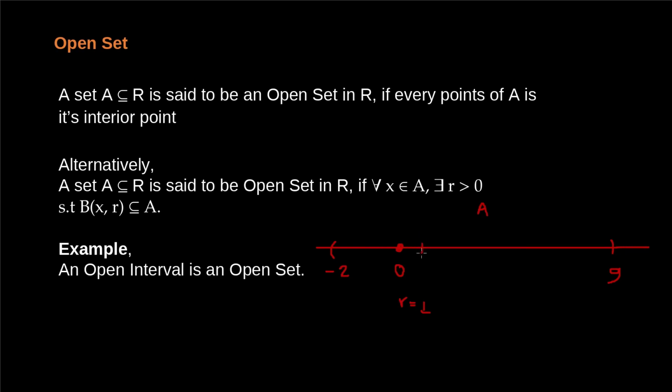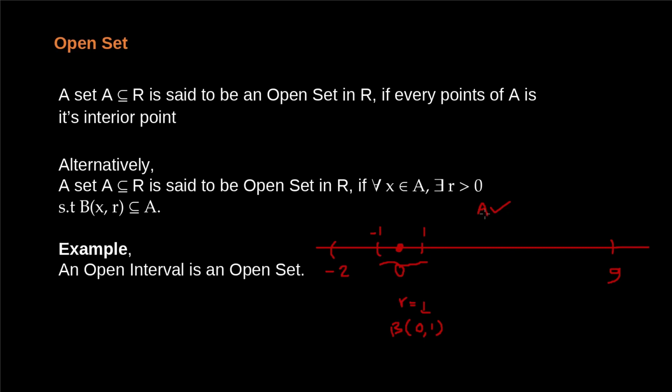So 0 plus 1 is 1 and 0 minus 1 is -1. This is the open ball with center 0 and radius 1, and it is very clear that this open ball, which ranges from -1 to 1, entirely lies within this set A. So we can say that this point 0 is an interior point of this set A.